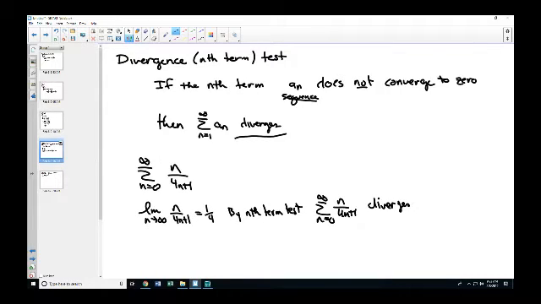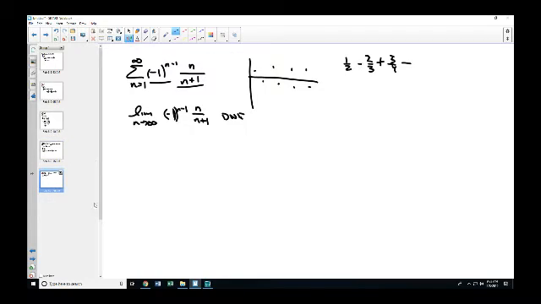What does it say? Does not converge to 0. Does that meet the criteria? Yes, it does. So we can say that the series diverges. But using this test, you cannot say that if the limit converges to 0, the series converges.